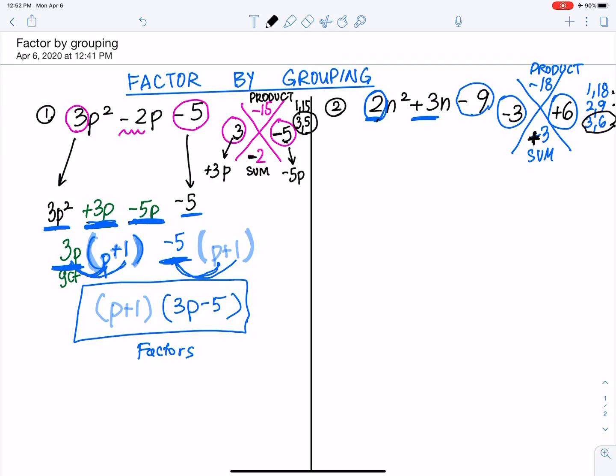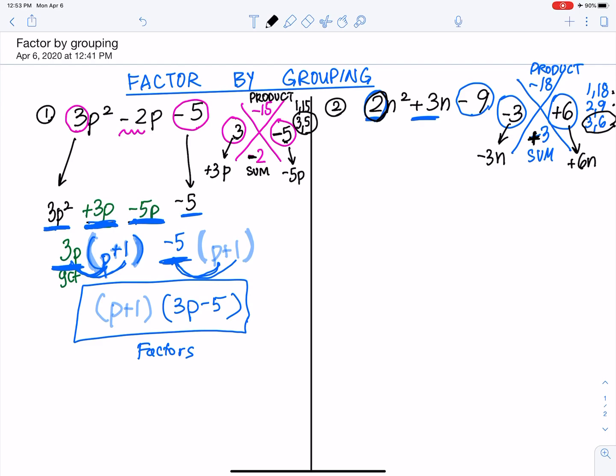When the coefficient is not 1, this is not good, that means we have more work. Each of these numbers now represents the coefficient of the variable in the problem. The variable in the problem here is n, so that means this is negative 3n and this is positive 6n.